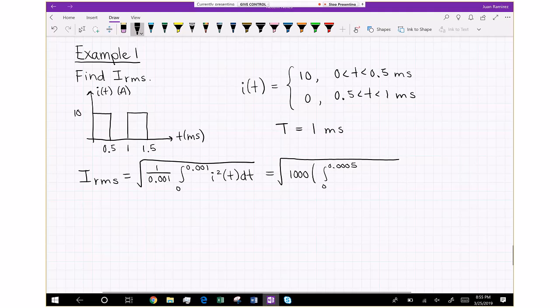From 0 to 0.5 milliseconds, the value was 10, and we have to square that. From 0.5 milliseconds to 1 millisecond, the value was 0.